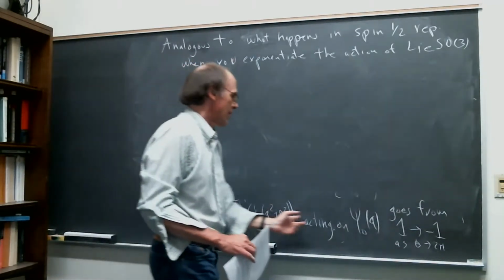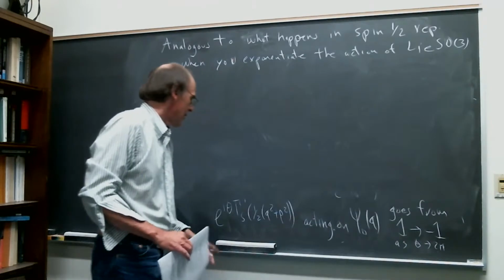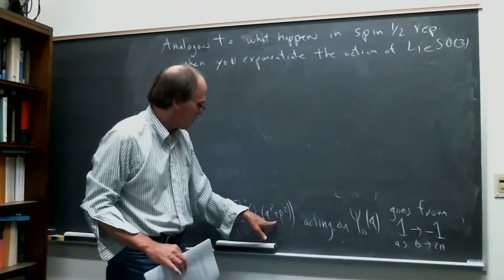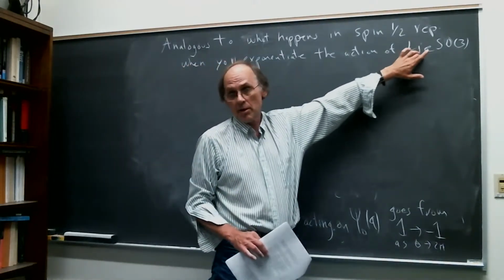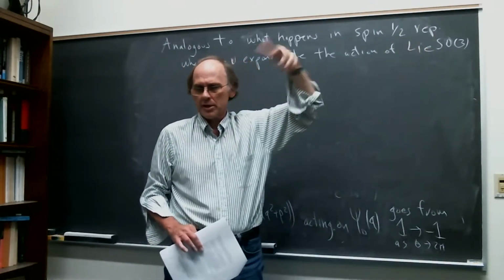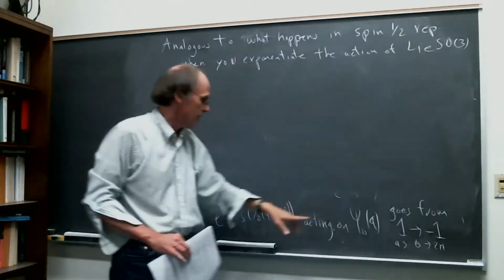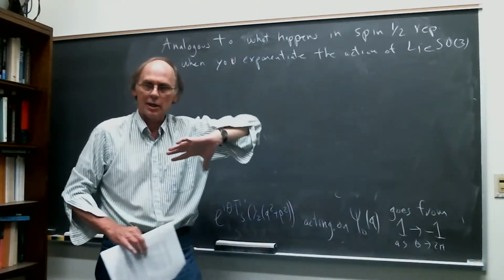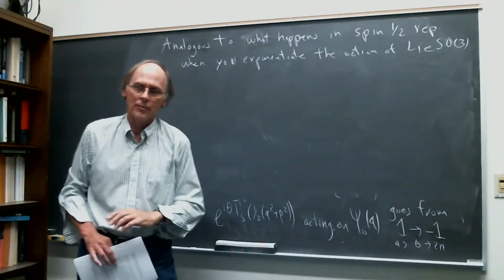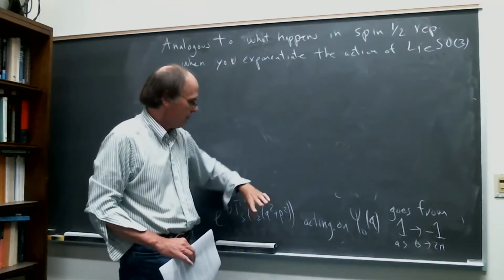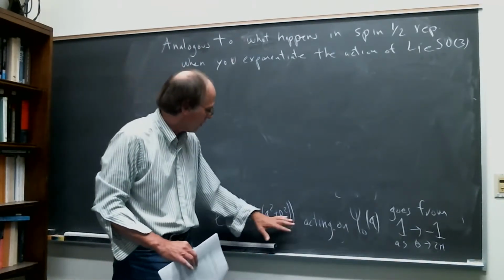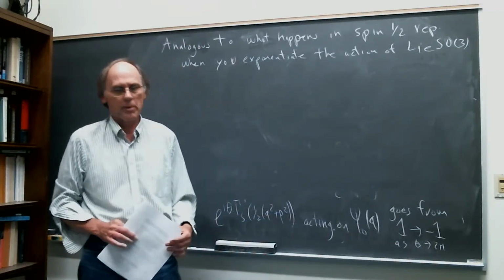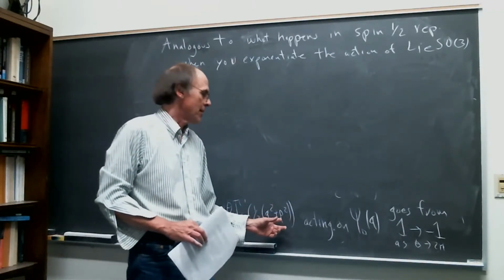Well, something very similar is happening here, except instead of rotating in three-dimensional space around some direction, here you're doing something like a rotation in the QP plane. It's not a physical rotation. You're doing a rotation in the QP plane, and you're finding something kind of similar.